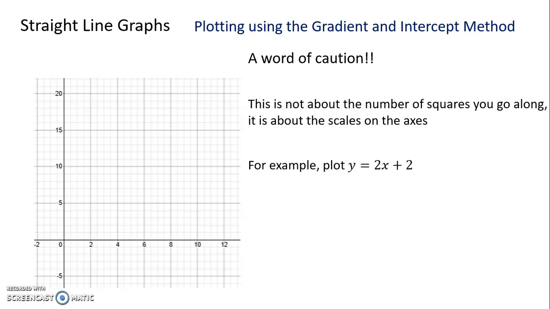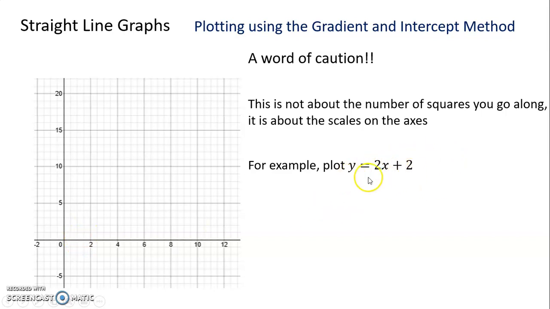So if you take a look at the axes I've got here, well, I've got different scales, and on the y-axis, it's still 1 square is equal to 1 unit because I'm going up 1, 2, 3, 4, 5. But on the x-axis, that's different. My 1 is actually here, and that would be 2 squares. So I'm not going to go along 1 square and go up however many. I'm going to go along to 1 unit, and then go up however many I need to.